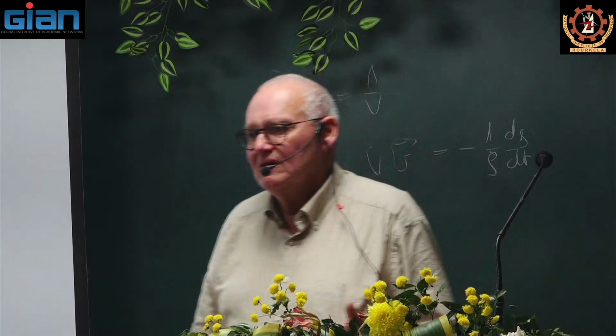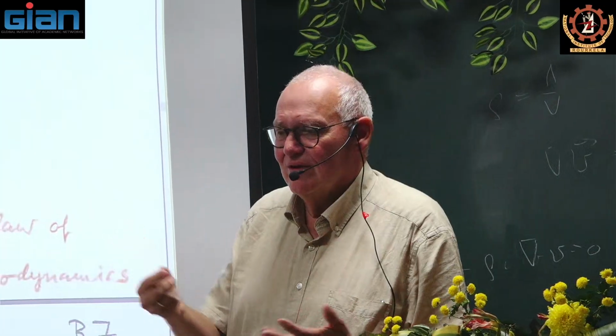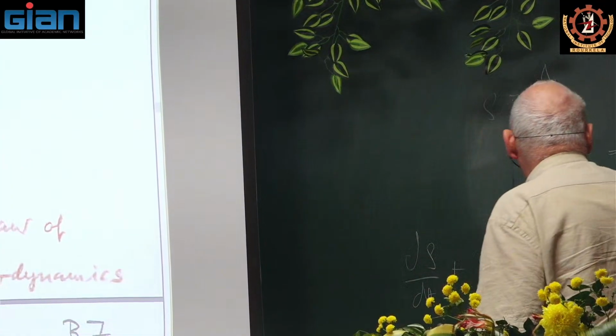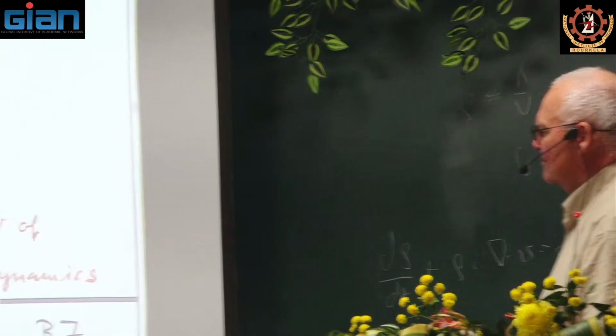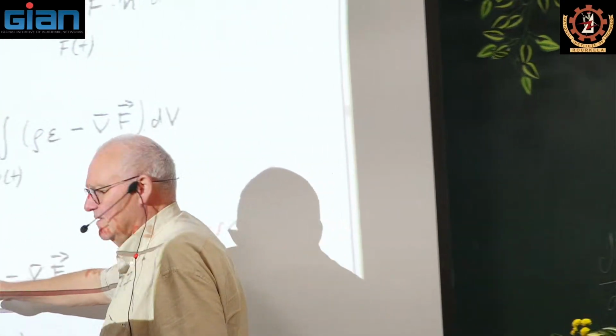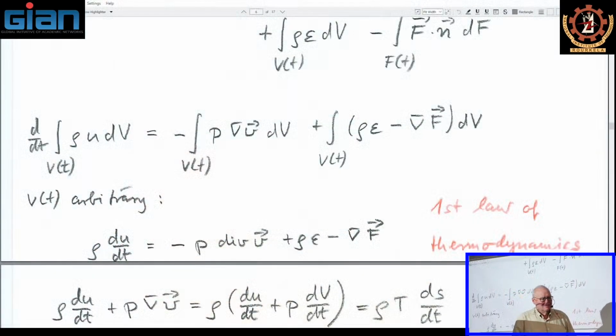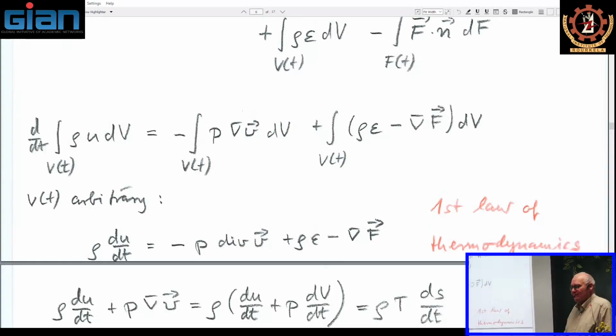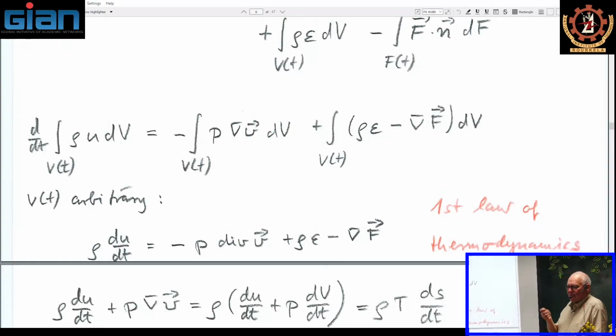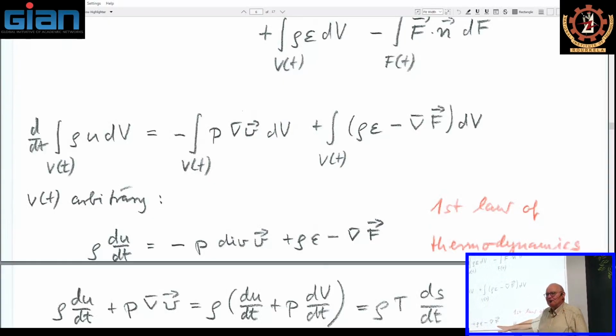So d rho by dt is minus 1 over V squared times dV by dt. So the divergence of V is simply the change of the volume, and P times dV is the mechanical work done by the mass element, or the mechanical work which is put into your mass element. So this equation actually represents the first law of thermodynamics. So we end up with the first law of thermodynamics.